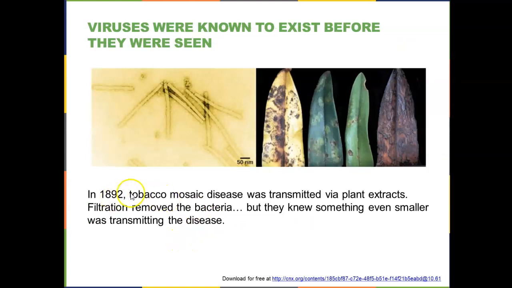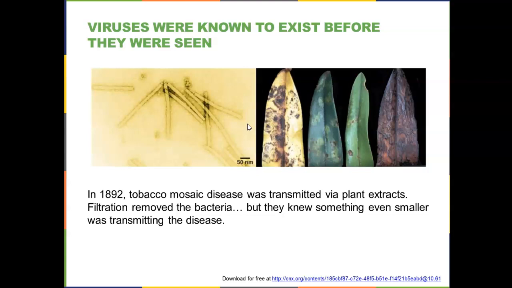Some interesting experiments towards the end of the 19th century, so the 1890s here, very tail end of that 19th century, showed that there were very small particles. These were measured by using extraordinarily fine ceramic filters to separate materials that could be extracted out from ground up diseased leaves like these right here. And that extract that had been passed through an incredibly fine filter, which excluded cells, which excluded bacterial cells, and excluded a whole lot of things.